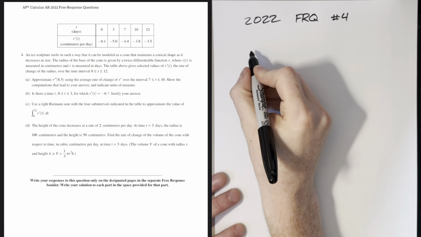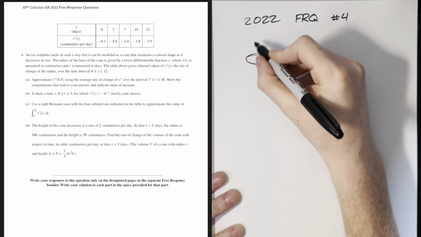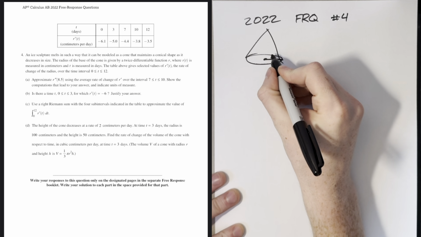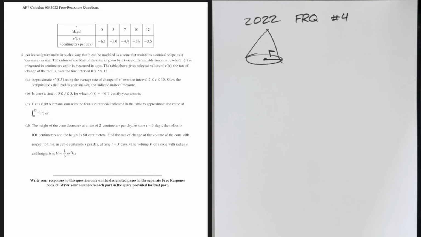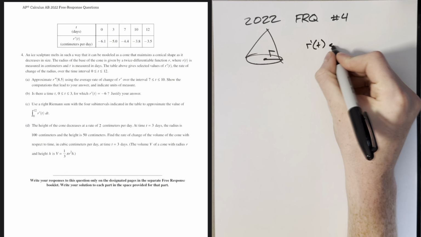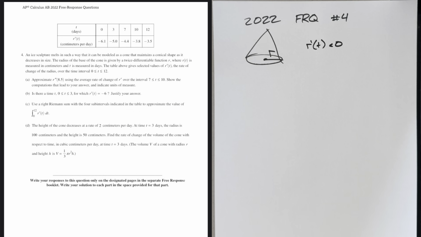Okay, so thinking about this conceptually, we have some sort of conical ice figure. It has a radius, and as it melts, that radius is decreasing. So we know that r prime of t is less than 0, because our radius is decreasing, so our rate of change of the radius will be negative over time.